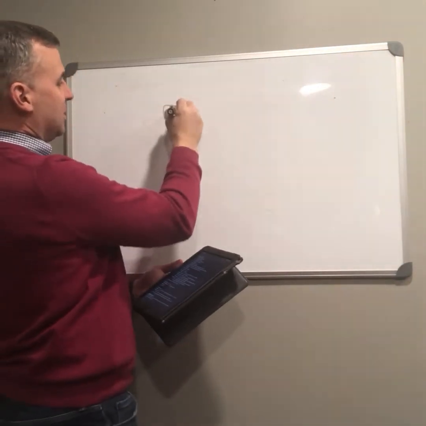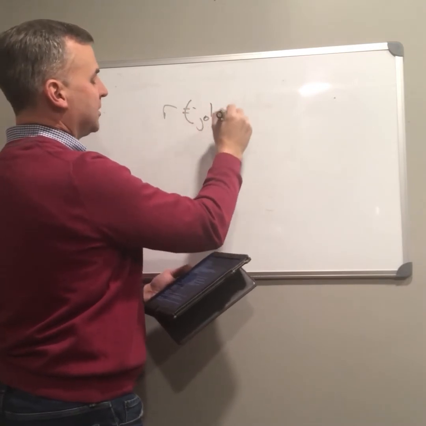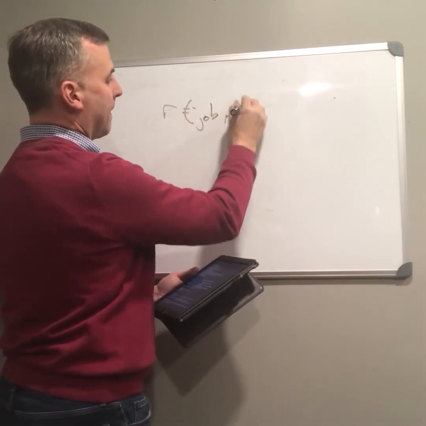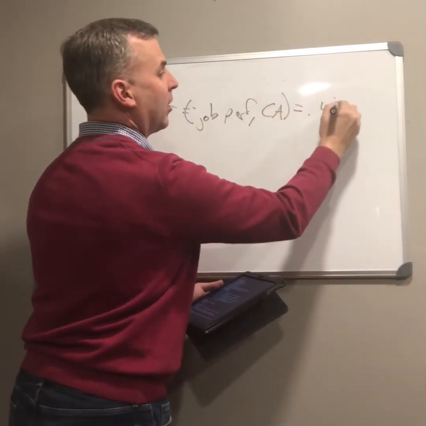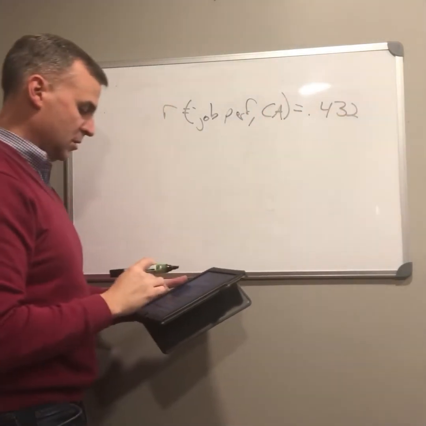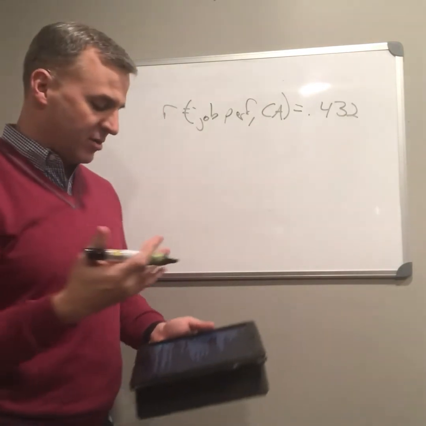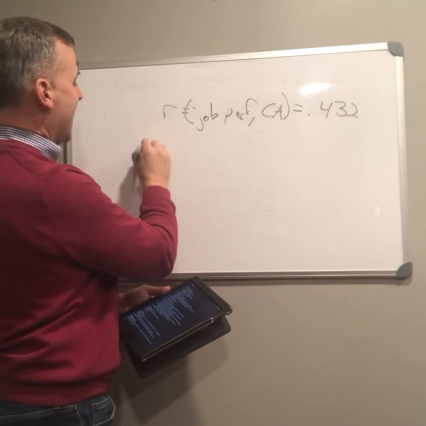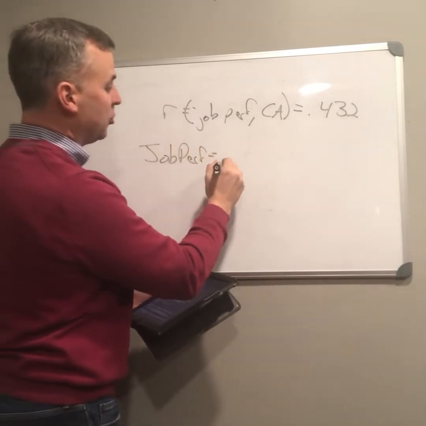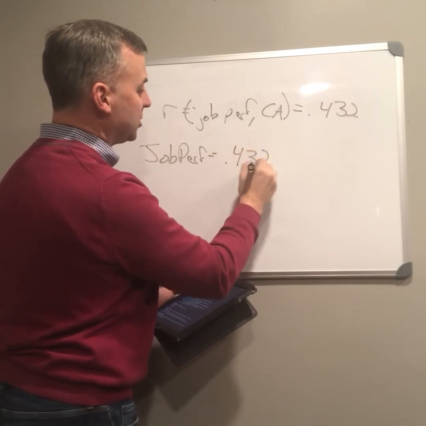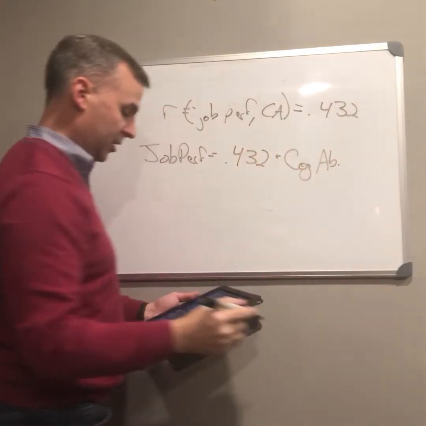So the correlation in this case between job performance and cognitive ability was 0.432. If we're going to turn that into a standardized regression equation, what we get is job performance is equal to 0.432 times cognitive ability, right?